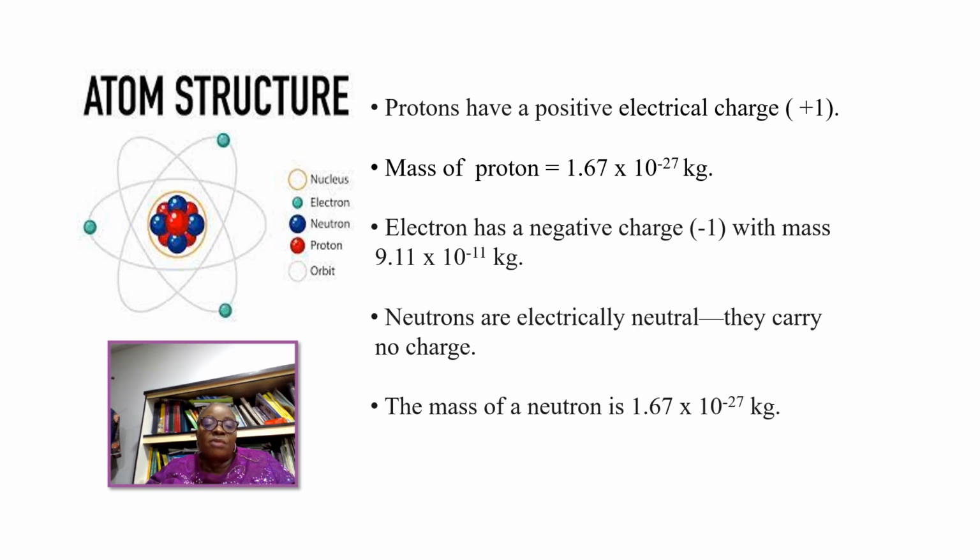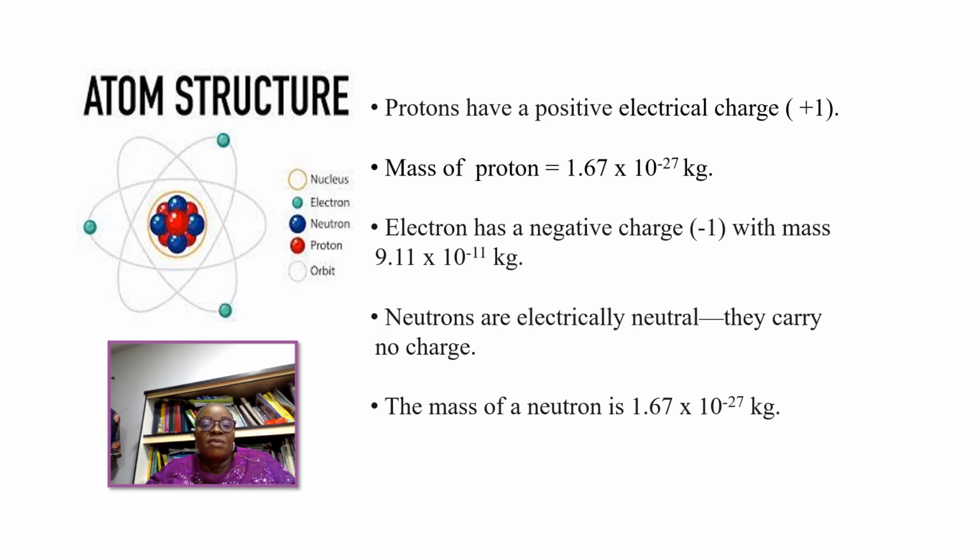The proton has a positive charge of +1, and they are found in every atomic nucleus of every element. The proton is always found, and it has a mass of 1.67 times 10 raised to the power minus 27 kilograms.